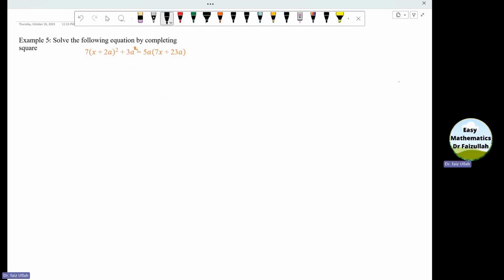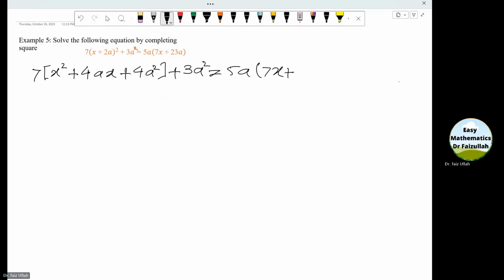By expanding x plus 2a whole square, we get 7 into x square plus 4ax plus 4a square plus 3a square is equal to 5a into 7x plus 23a. And now let us multiply 7 inside the bracket.